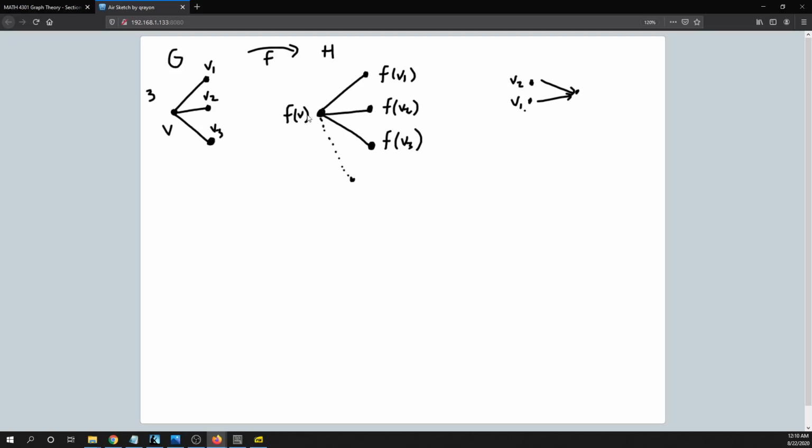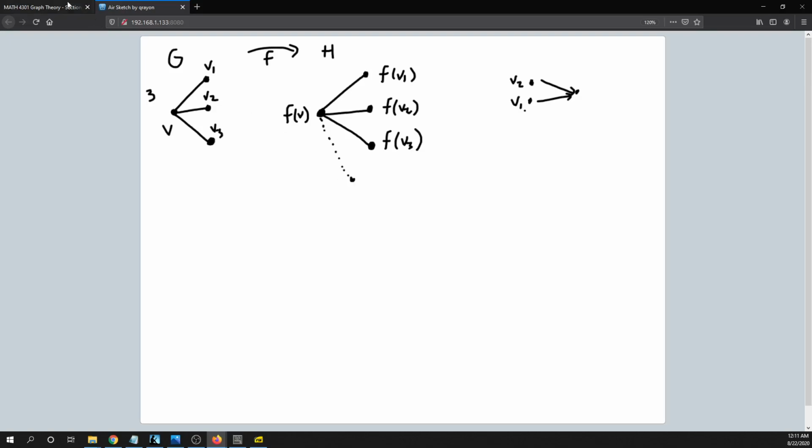That would make the degree of F of V bigger than 3, and this one has degree 3. Well, that also can't happen, because of the backwards property. Here I would have 2 vertices in the image, F of V and whatever this is.